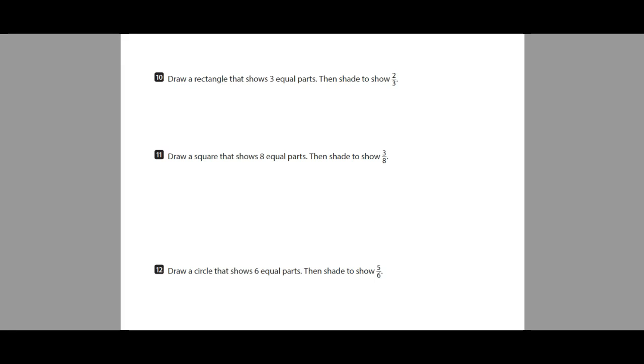Then it says draw a rectangle. Number 11 says draw a square. It doesn't have to be perfect, but close enough. And then number 12 says to draw a circle.